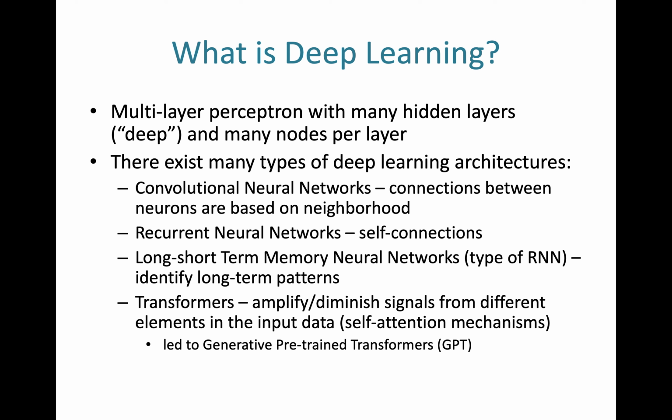So in a way, it's selecting the things that are useful and ignoring the things that are not, and transformers are really good at doing that. Transformers were actually, as I was saying before, the deep learning architectures that have led to the development of generative pre-trained transformers, or what we all know as GPT. And based on those GPT models, applications like ChatGPT have been created.